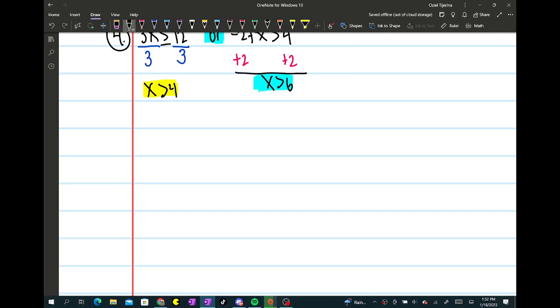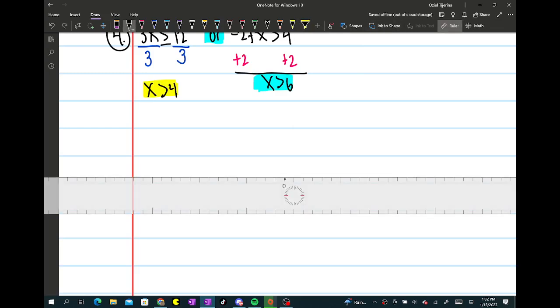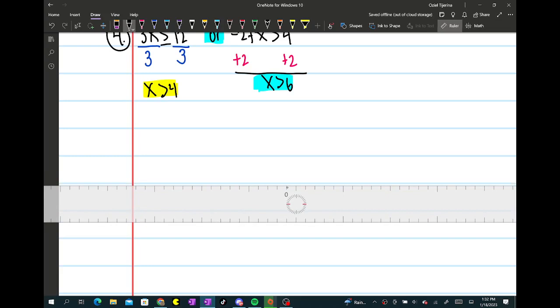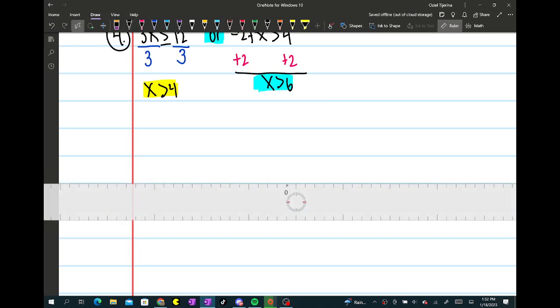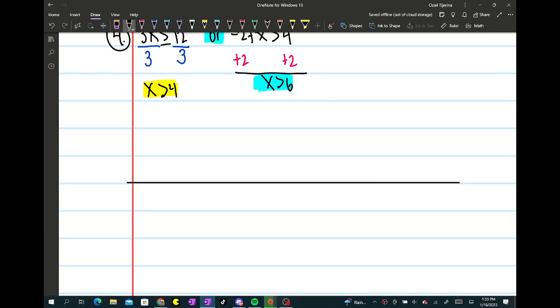So then on the number line, we're going to go ahead and plot those 2 inequalities. So let's do 0, 1, 2, 3, 4, 5, 6, 7, 8, 9, 10.